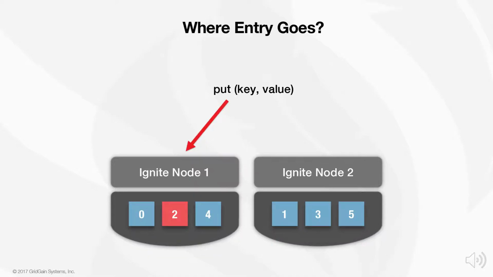So if we want to do a put, as in the previous slide, we would invoke the Affinity function and ask where this key is stored. For example, if it tells us that this key is stored in partition 2, which is on node 1, we would go to node 1. We would never go to node 2 in this case.